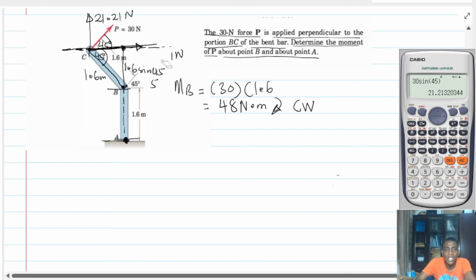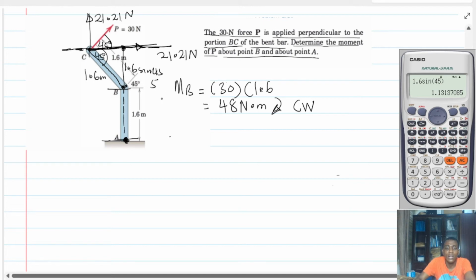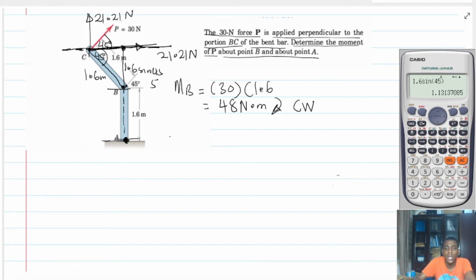So what we are trying to say is that the line of action of the 21.21 newton force, which is the horizontal force, is going to be 1.6 sine 45. And what is that? So 1.6 sine 45, and that is 1.131.